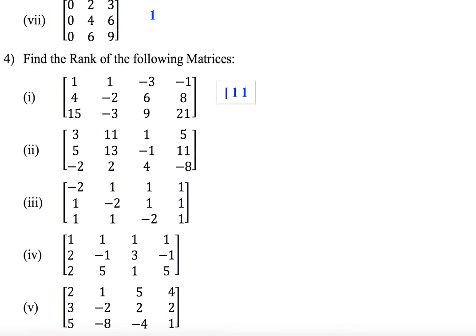Let us take it like this: 1 1 minus 3, and then 4 minus 2, 6, and then 15 minus 3, 9. Bracket close.